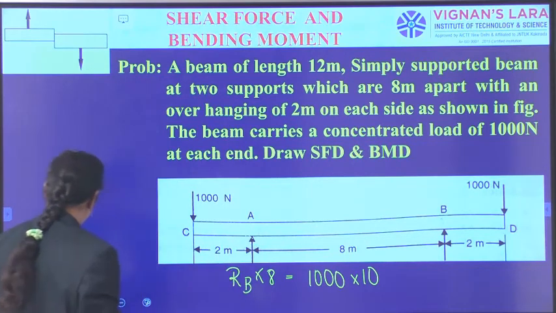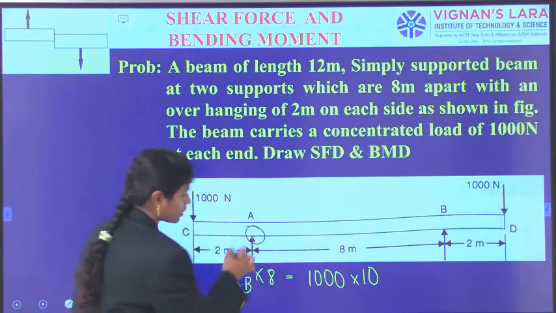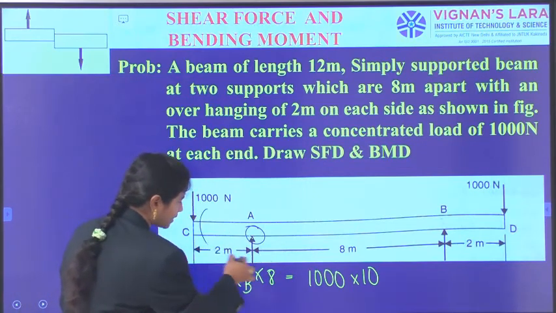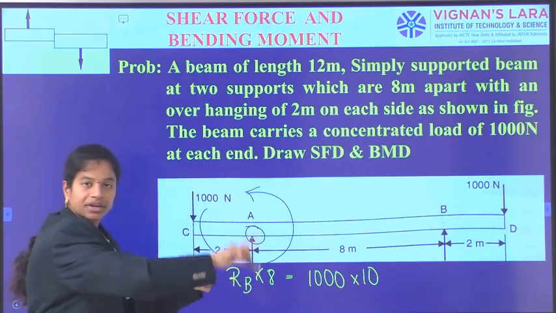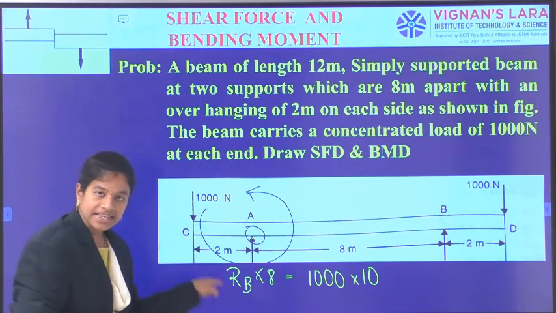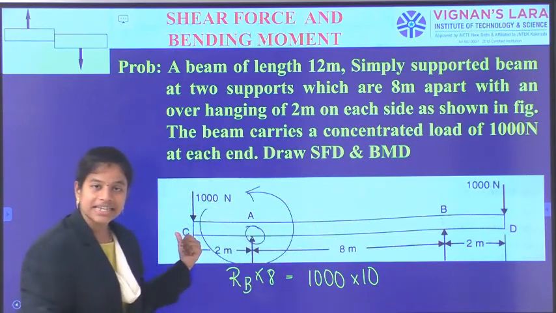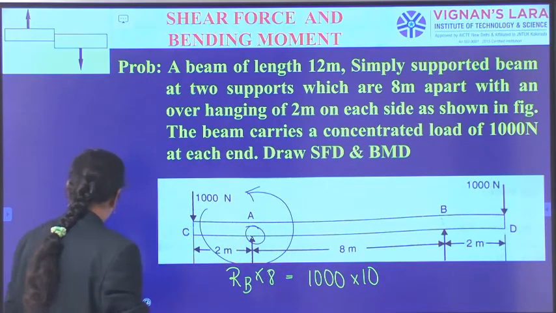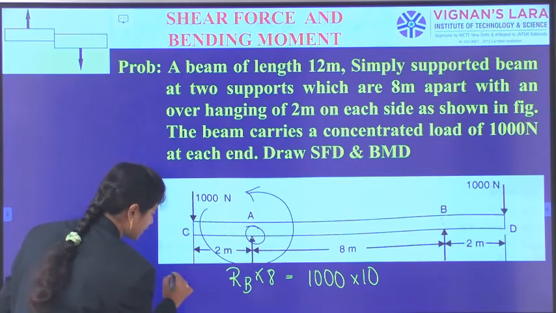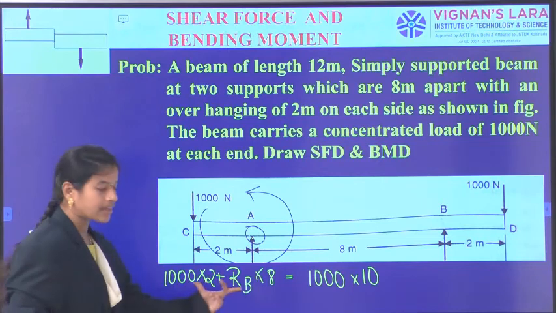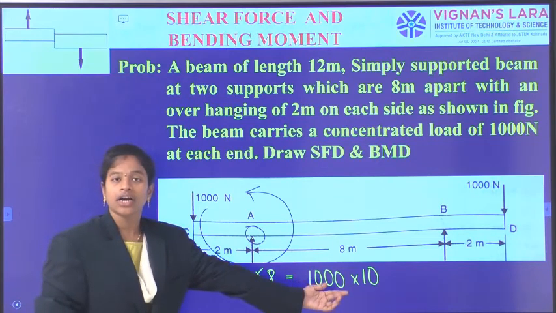Observe about this point A: this 1000 force is generating a clockwise moment, but the other is generating an anti-clockwise moment. So the summation of anti-clockwise moments includes 1000 into 2 meters. The sum of all the anti-clockwise moments is equal to the summation of all the clockwise moments.